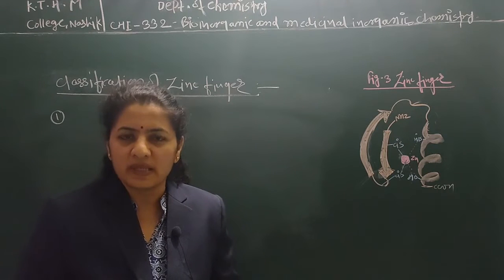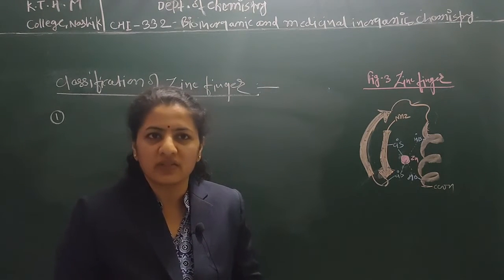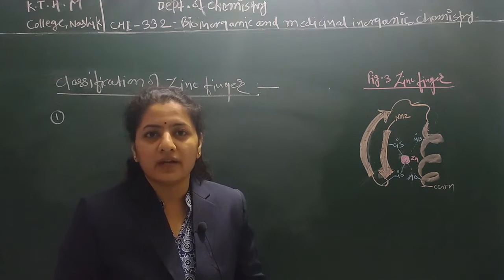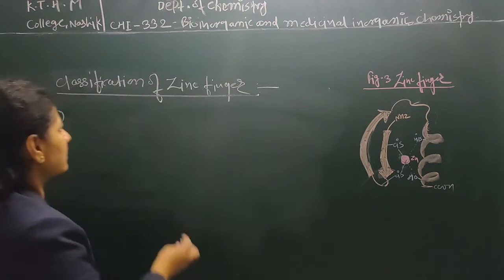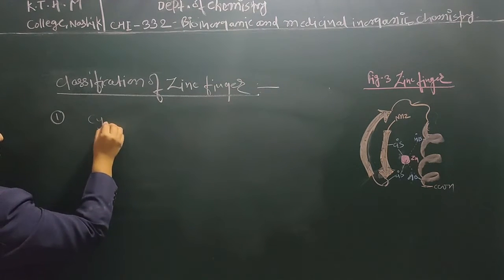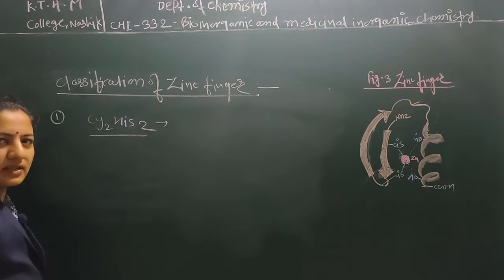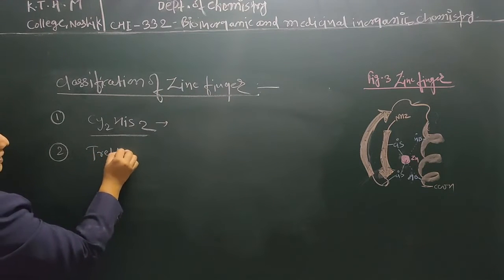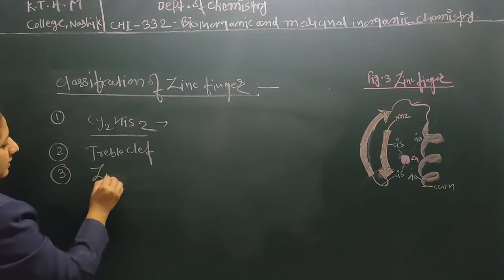This fold group domain is nothing but the overall protein structure or the protein backbone. Depending upon that, it is classified into three types. First is cysteine 2 histidine 2, commonly known as the zinc finger. Second is the treble clef, and third one is the zinc ribbon.